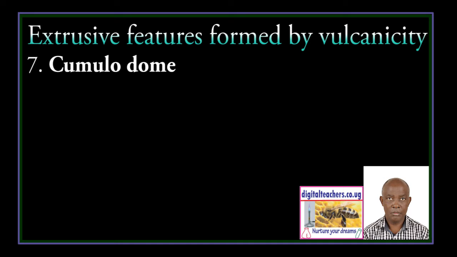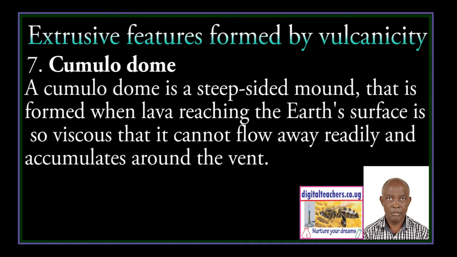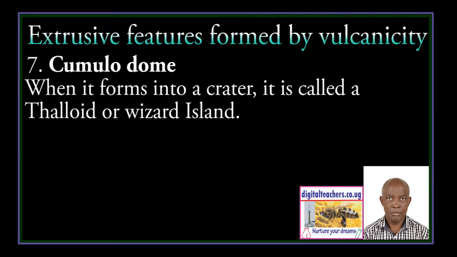Cumulo dome. A cumulo dome is a steep-sided mound that is formed when lava reaching the Earth's surface is so viscous that it cannot flow away readily and accumulates around the vent. When it forms in a crater, it is called a tholoid or a Wizard Island.